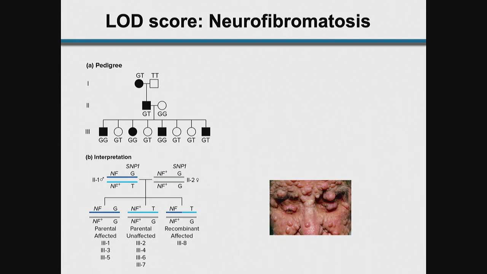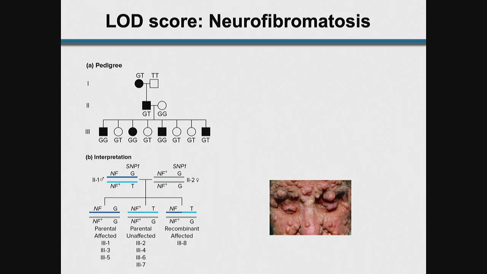Now, you're all experts at pedigrees, right? Affected individuals are in black, females are circles, squares are males. Okay, so you will notice that this particular patient here inherited the disease-causing allele and the G-SNP1 from the mother.